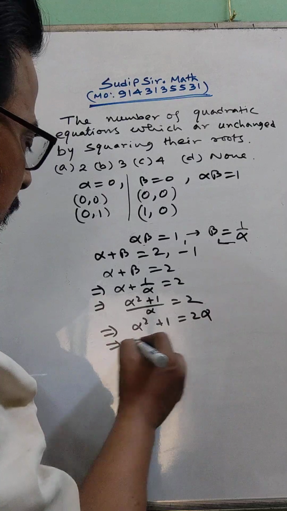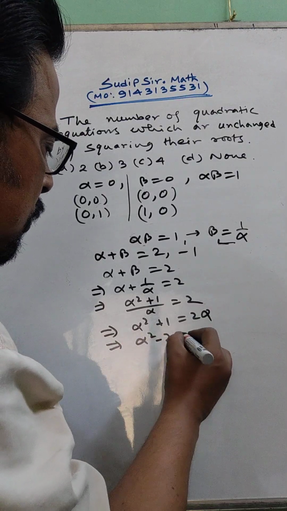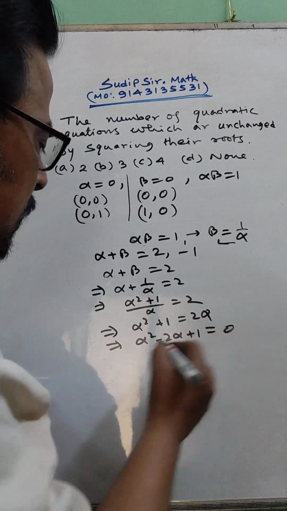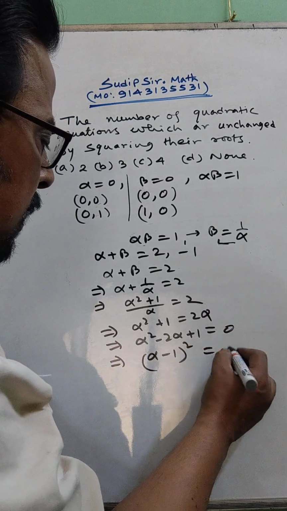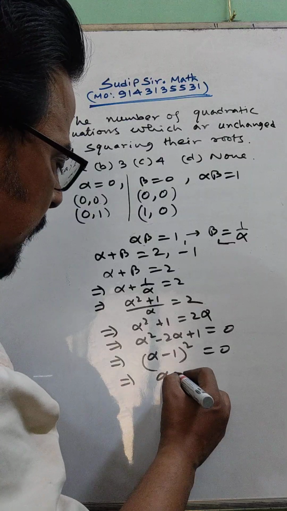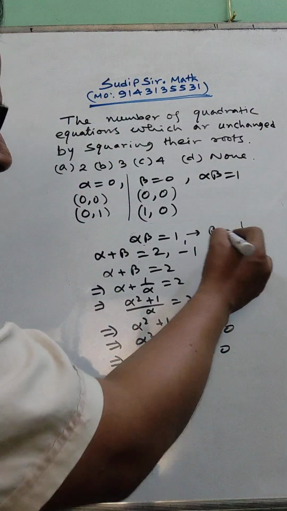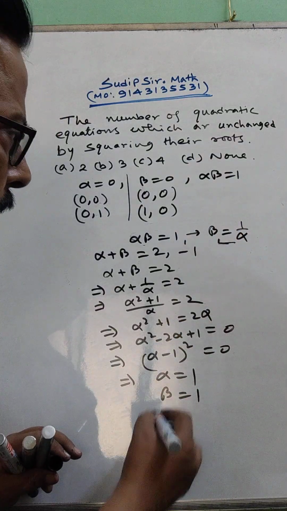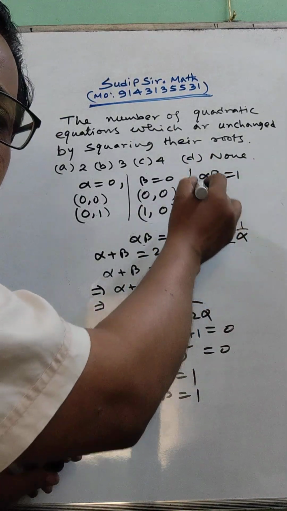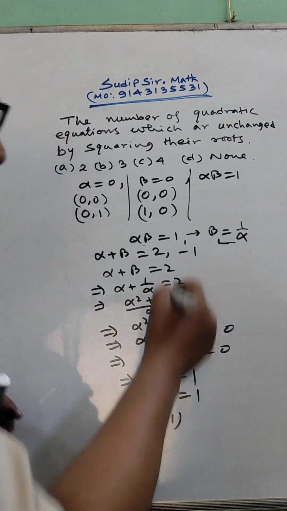Same side, alpha square minus 2 alpha plus 1 equals 0. That is alpha minus 1 whole square equals 0, that is alpha equals 1. So if alpha equals 1, it is very clear beta equals 1 by alpha, beta equals 1. So from this we can get one solution, 1 comma 1.